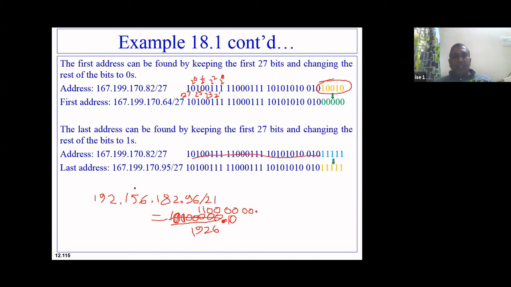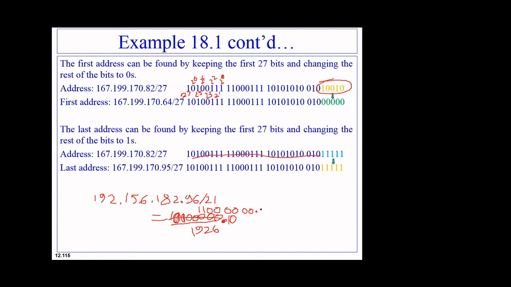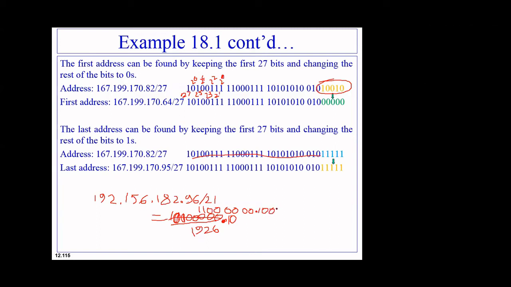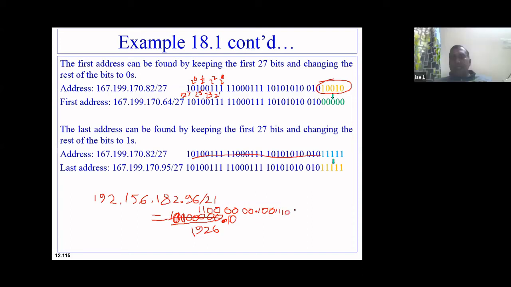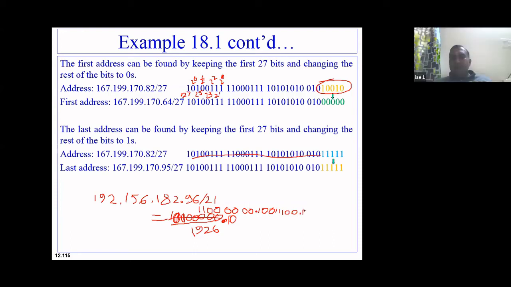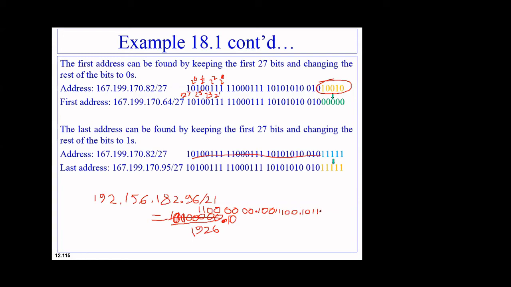Okay, this is 192. How much is 156? 1001100. 111 00, 156. What is 182? 10 10 11 11 and 4 zeros.